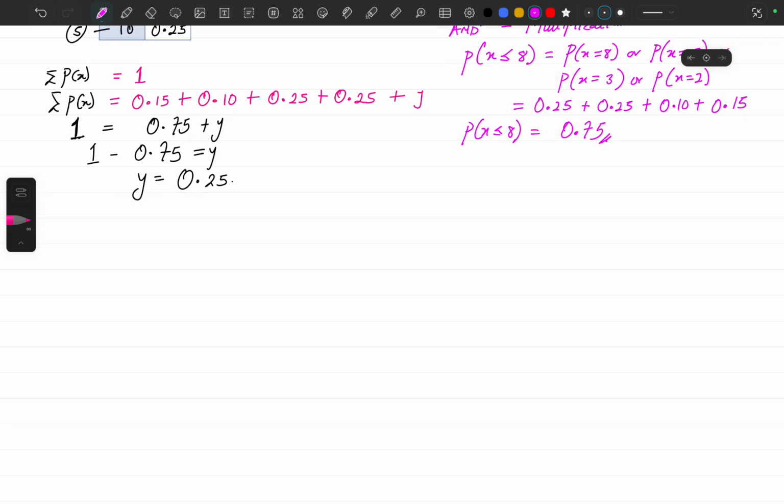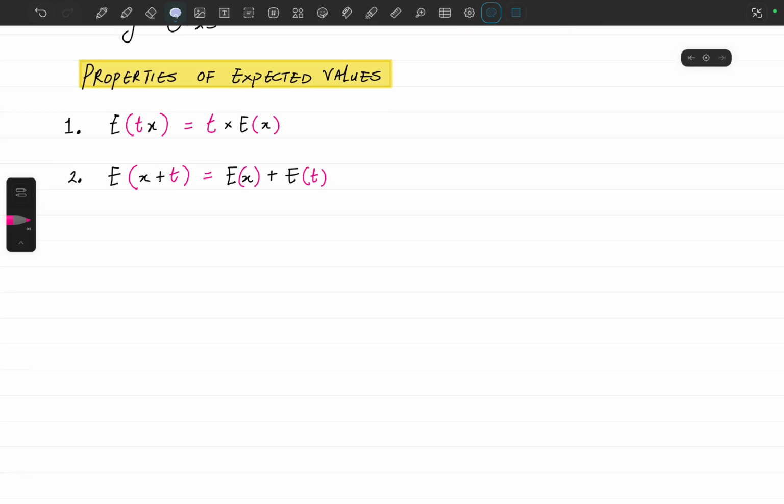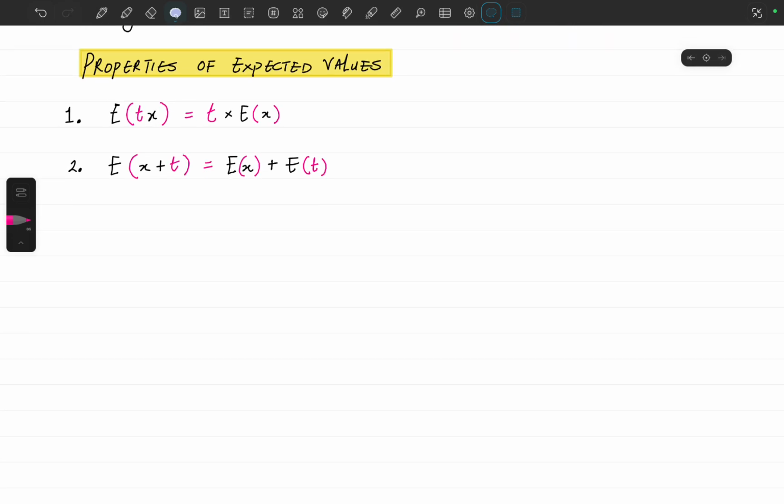In this part of the video, we also look at the properties of expected values. Expected values have some properties which you can see. I've tried to state them all out here. One of them is the first one here, which you can see here.